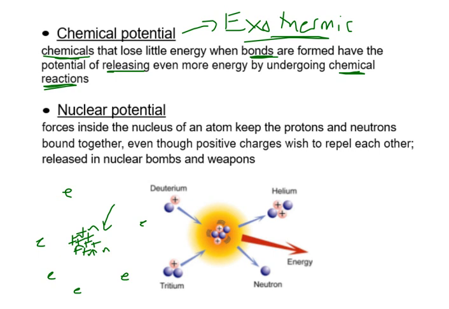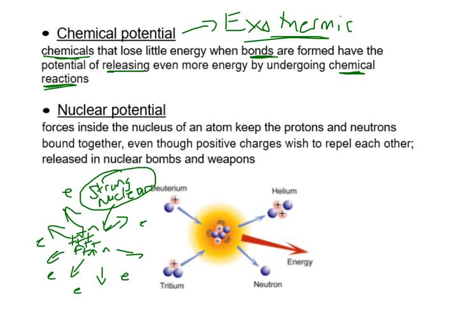And it's due to something called a strong nuclear force, which we learn about in physics 30. But I think you guys get the idea that the nucleus should want to explode, because all these positives don't want to be beside each other. And the strong nuclear force is like a glue that keeps them all stuck together.